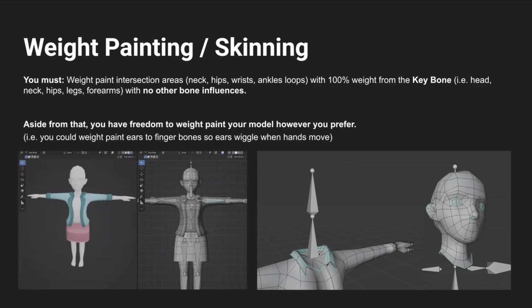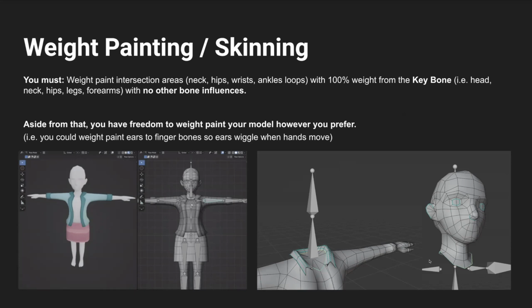So in this case, because we're looking at the neck connection points, we want to fully weight all of this to the neck bone, which is this one here. And we do exactly the same on the head for this bottom set of vertices. This is extremely important to do.